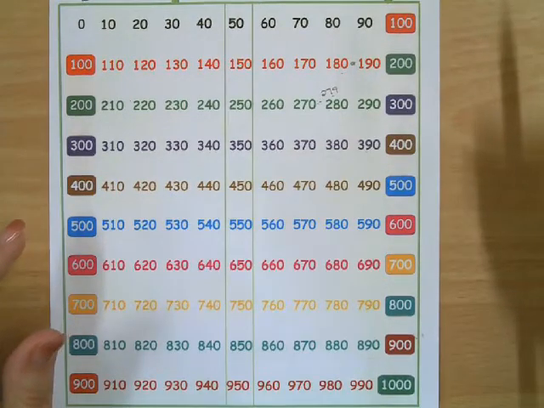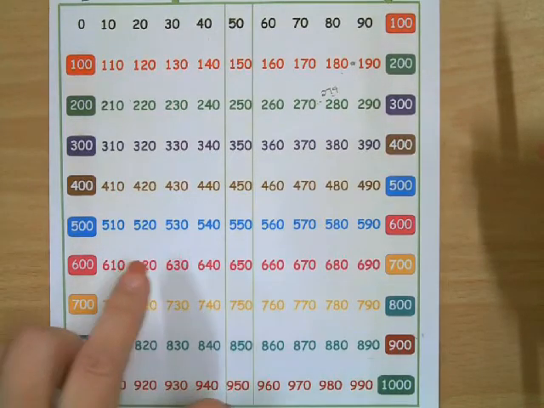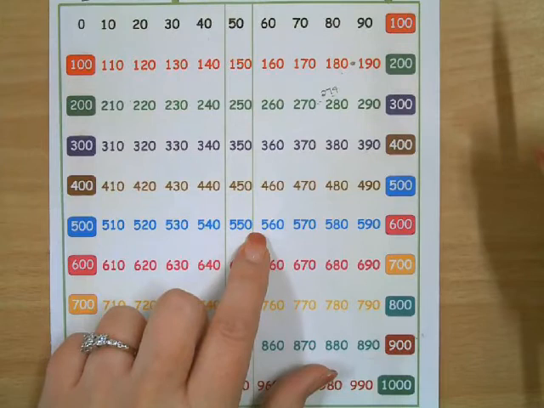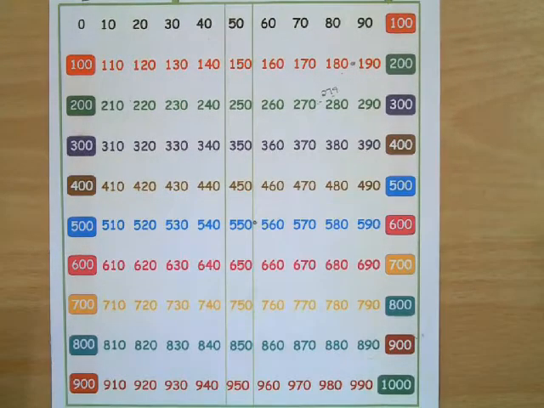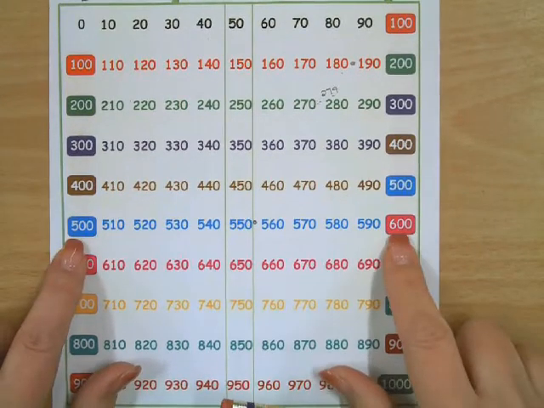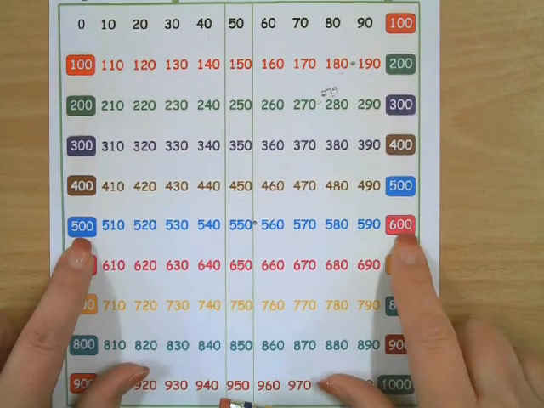Where? So between the 550 and the 560, right here. Okay? Now, we're going to think, what two hundreds is that number between? Right? So it's going to either round to 500 or it's going to round to 600.